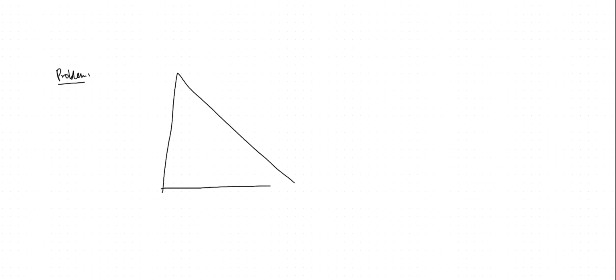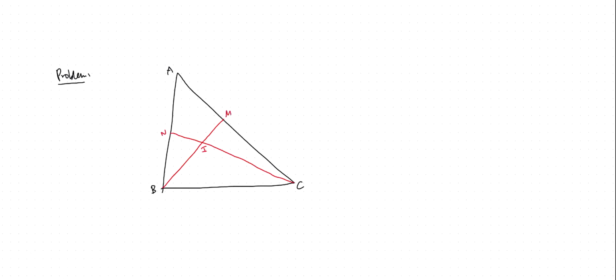The problem is: in triangle ABC, you consider internal angle bisectors, and they intersect the sides at M and N, okay?